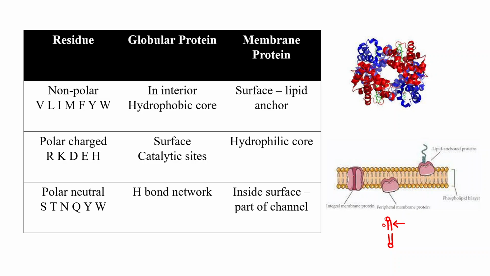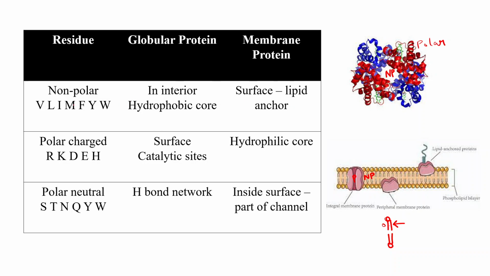Whereas in a globular protein, the outer area will have polar and the interior will have non-polar. Okay, this part is clear.